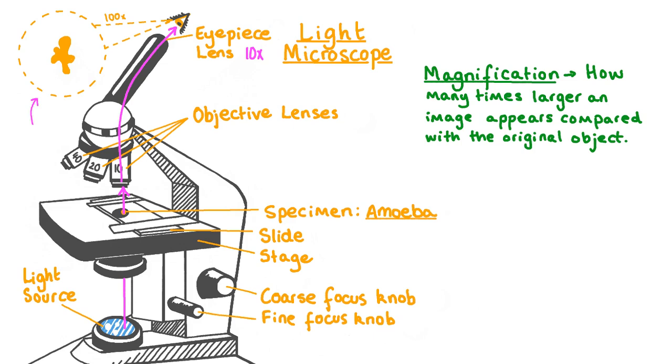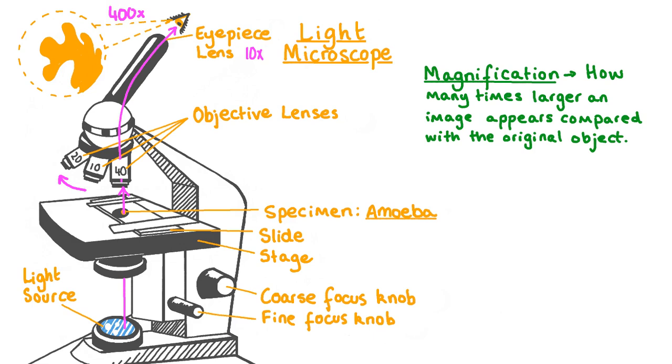If a specimen is seen magnified 100 times, this means that it appears to be 100 times wider and 100 times longer than it really is. By turning the objective lenses so that the 40 times objective lens clicks into place above the specimen, we have increased the magnification of the microscope, so the amoeba will appear larger. This is what the amoeba might look like at 400 times magnification using the 40 times objective lens.